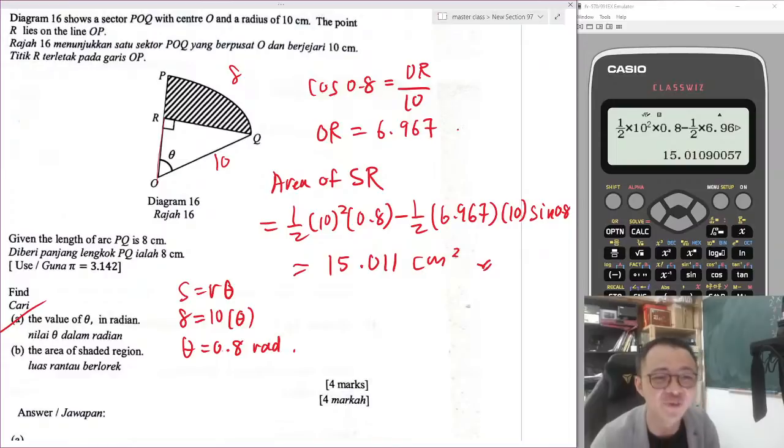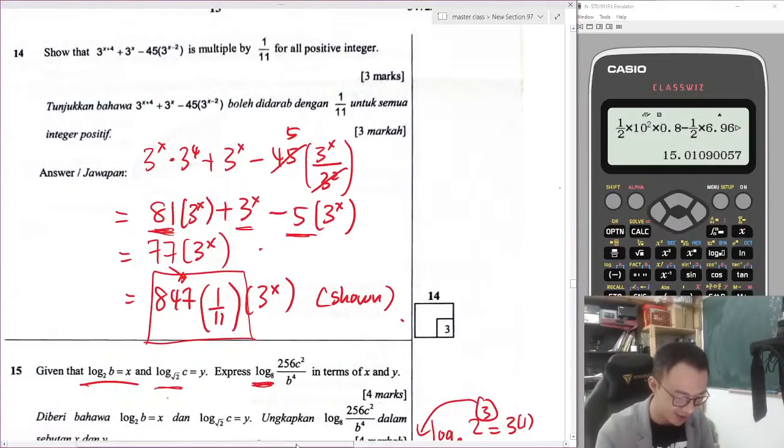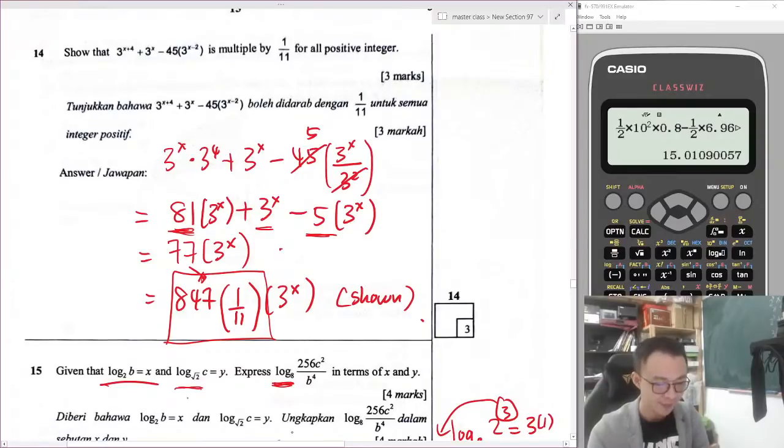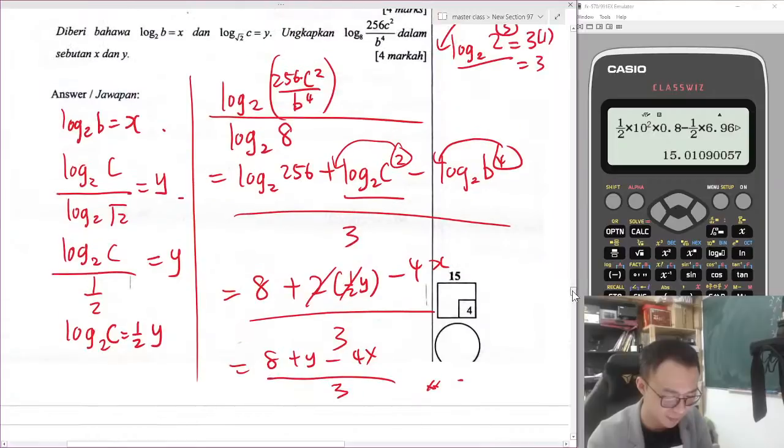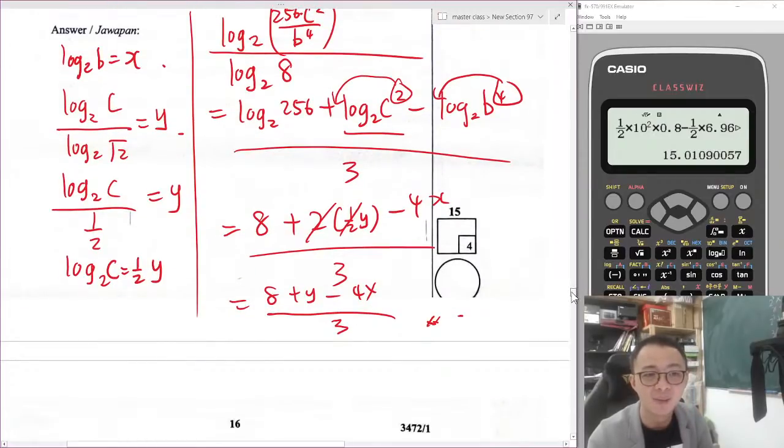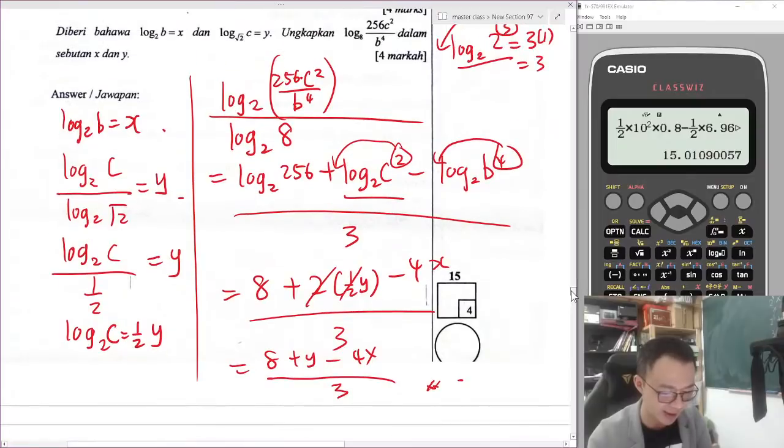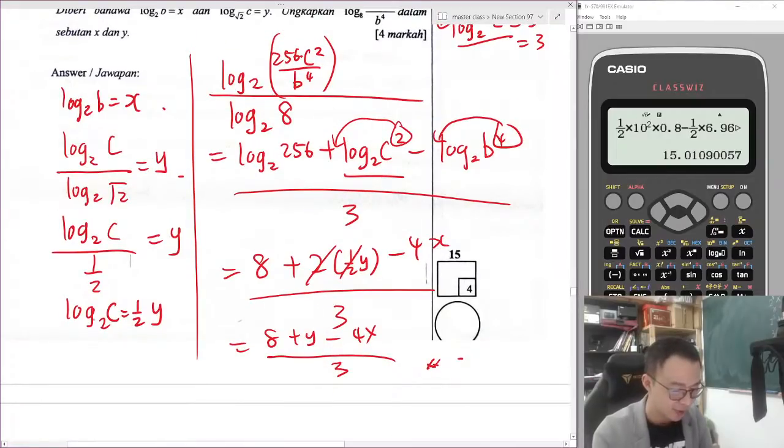The answer is not 4 plus 1 over 2y minus 2x. Question 14. I made a mistake again. Let's see. You mean question 15, right? I'm a bit lost about 2y. Log base 2 of c equals half y, 2 times half y. Okay, question 15.